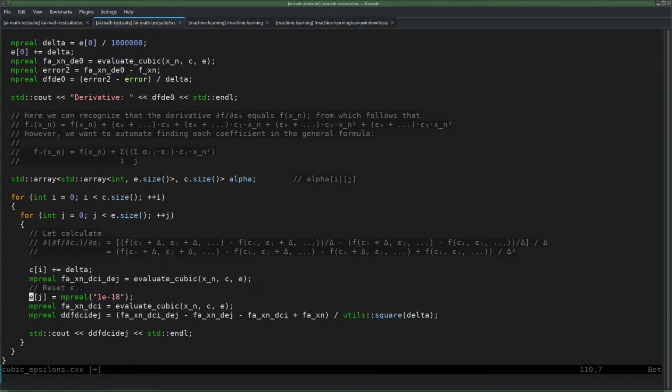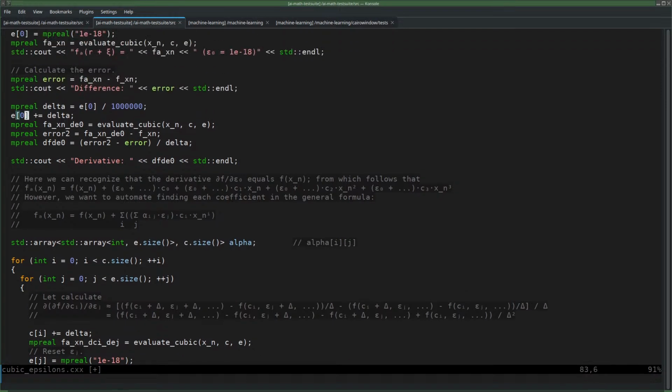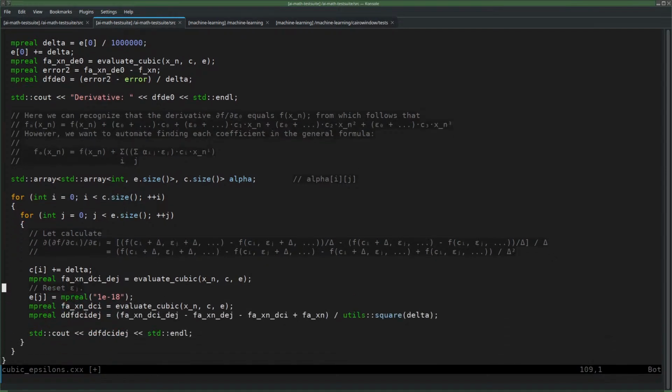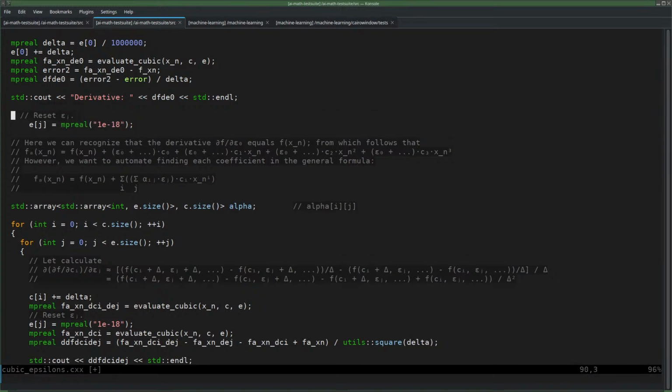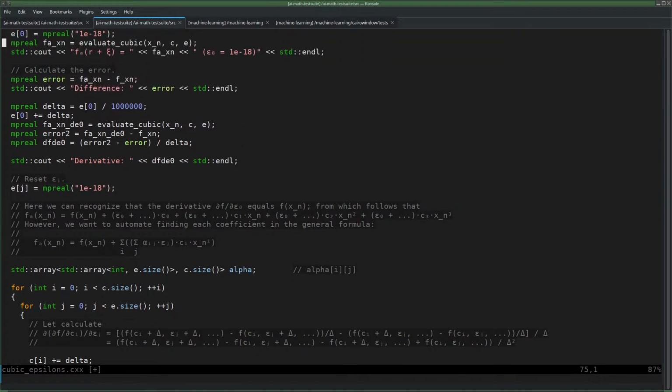No, it's not true. It's being set here. Wait a minute. Huh? Oh no, here, this one. I already added delta, so that's not a good thing. Let's just reset it at the start before we enter. No, that also doesn't make sense, sorry.